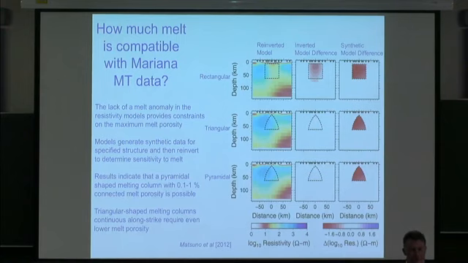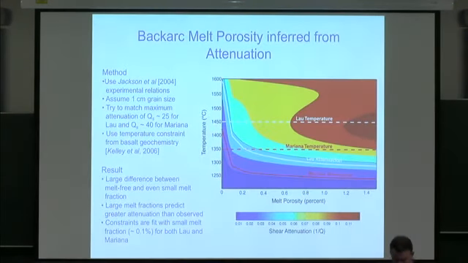In that sense, I think we can make the story consistent if the seismic velocities are very sensitive to very small quantities of melt, on the order of less than 1%.